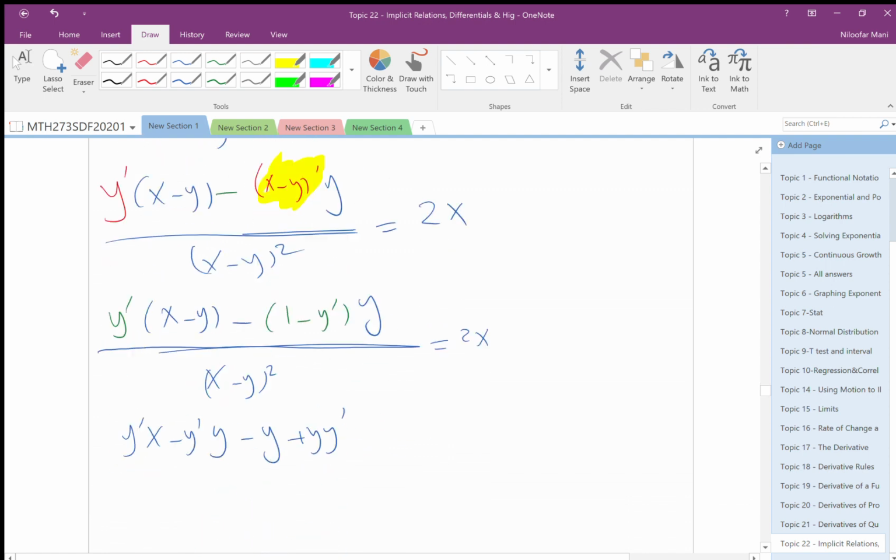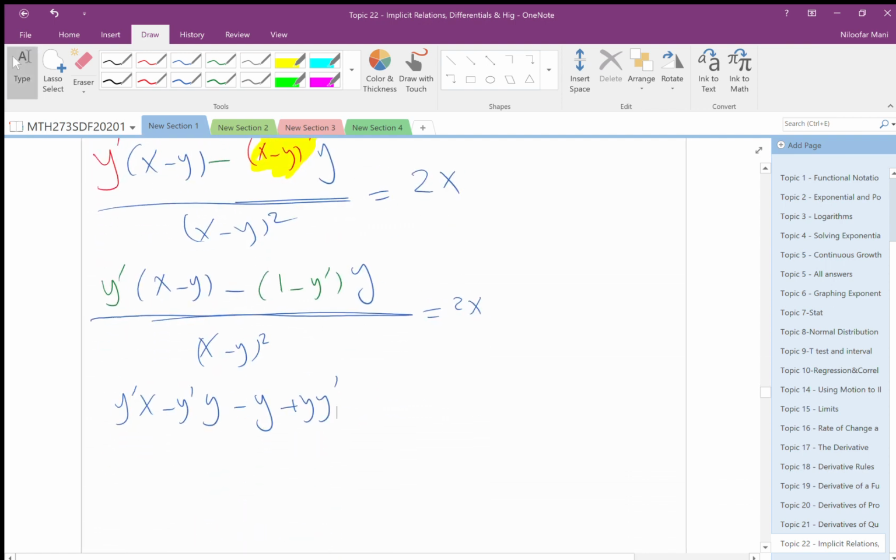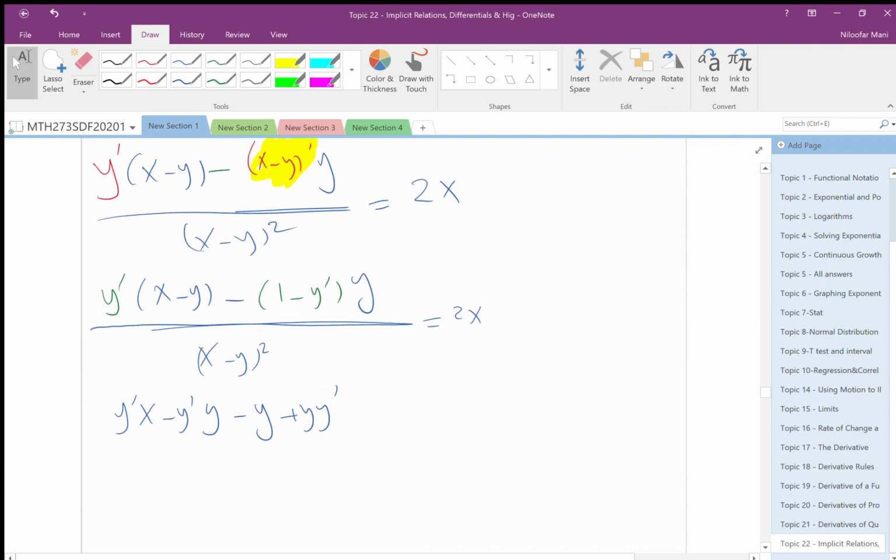Okay, so far so good. Then I do y prime times x minus y. Yes, I do 1 minus y prime y. So step by step, y prime x minus y prime y, and minus y, and minus minus is plus y prime. Okay, yes, that's fine, divided by x minus y squared equal to 2x.